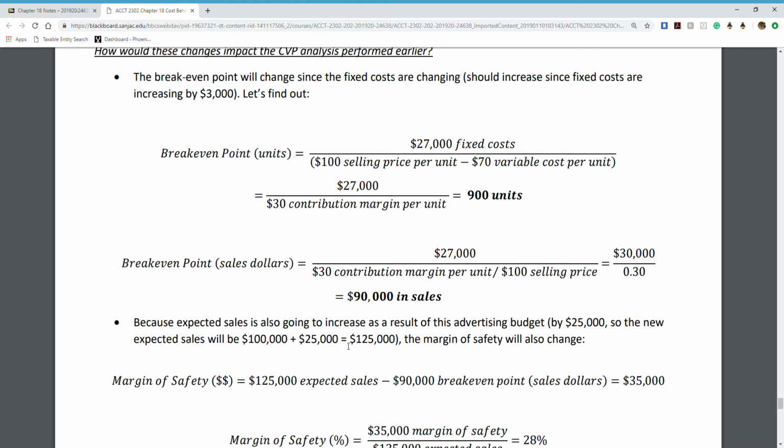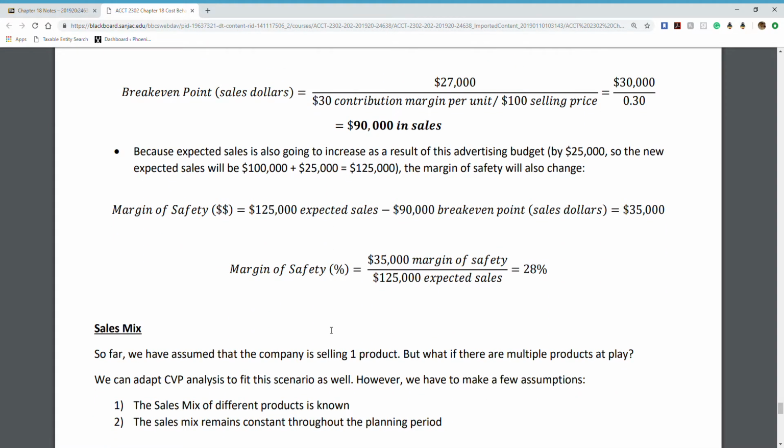Because we believe expected sales to be 125,000 now with the new budget, the margin of safety will also change, and this is where we'd like it to change. So again, margin of safety: 125,000 minus 90,000 equals 35K.